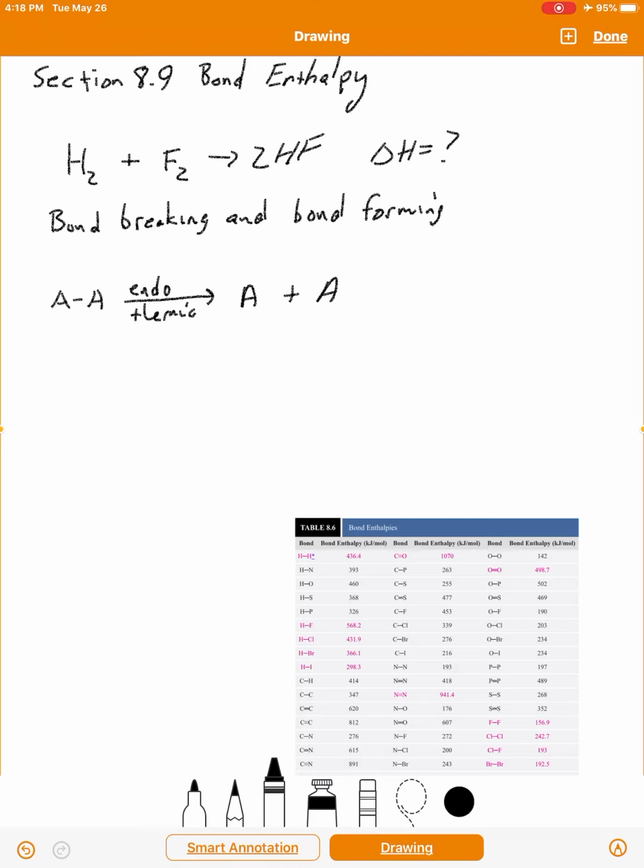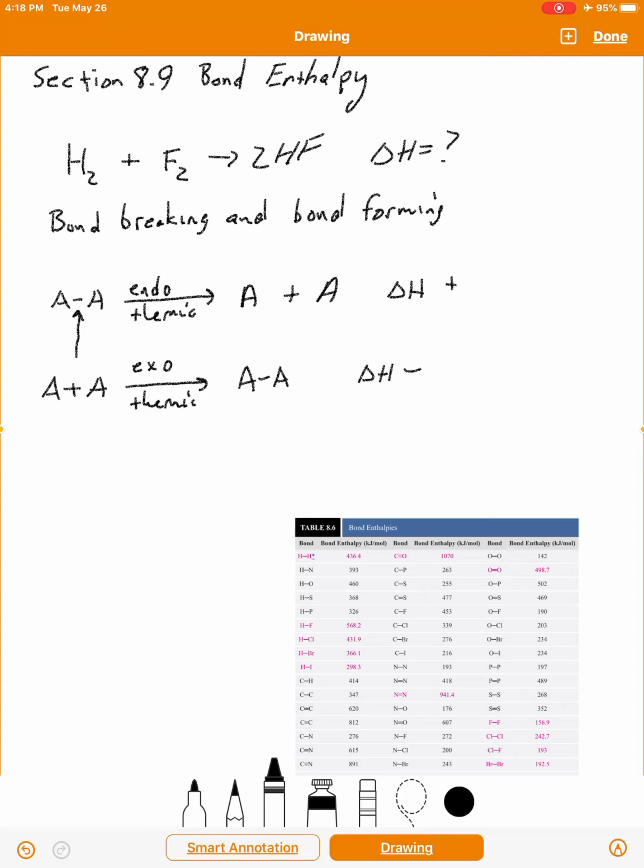You have to put energy into that bond to break it. But the process of forming a bond is an exothermic process. It's the opposite process, so it has the opposite thermochemical sign. Here delta H is positive. Here delta H would be negative.